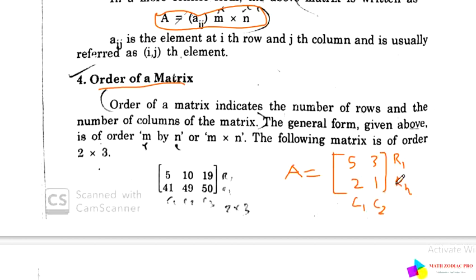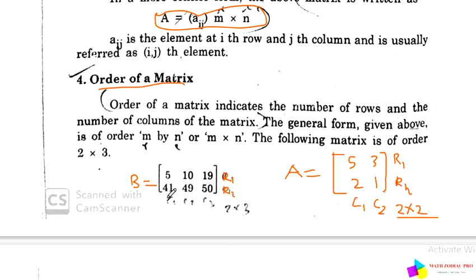So order of matrix means m by n: first we take the rows and second the columns. Here rows are 2 and columns are 2, so this is a 2 by 2 matrix. This is the order of matrix. Now here B equal to 5, 10, 19, 41, 49, 50. So the order of matrix is, here R1 and here R2.